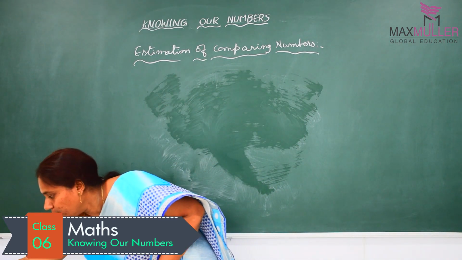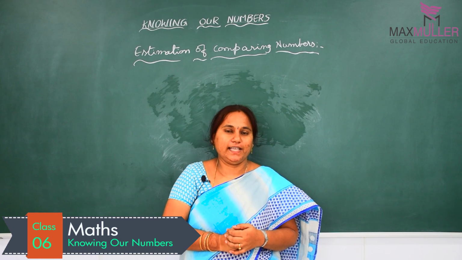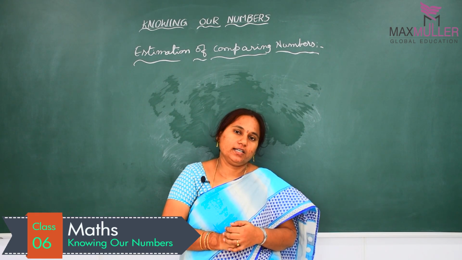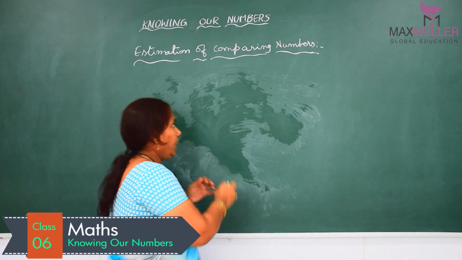Next one. Already in the previous classes we know about ascending order and descending order. What is ascending order? Ascending order means small to big.